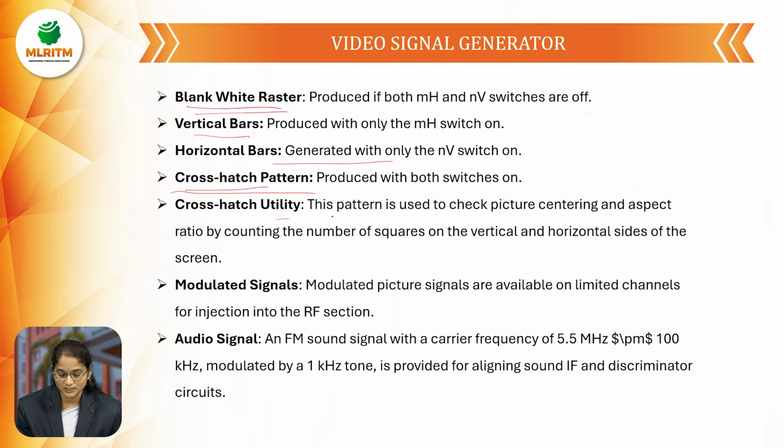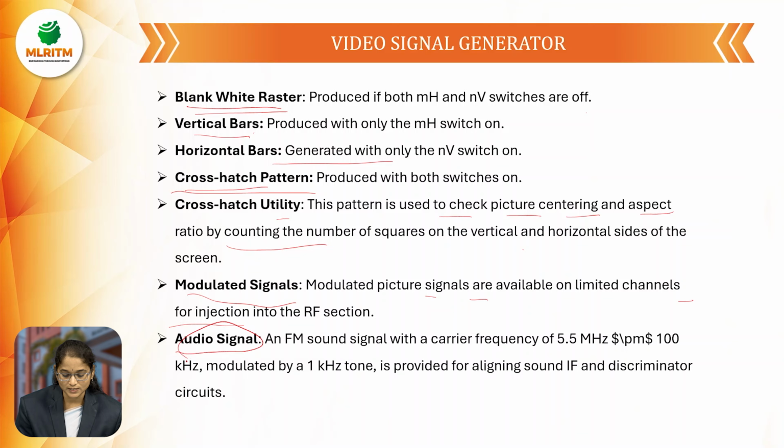This crosshatch is used to check the picture centering and aspect ratio by counting the number of squares on the vertical and horizontal sides of the screen. What is the modulated signal? The modulated picture signals are available on limited channels for injection into the RF section.